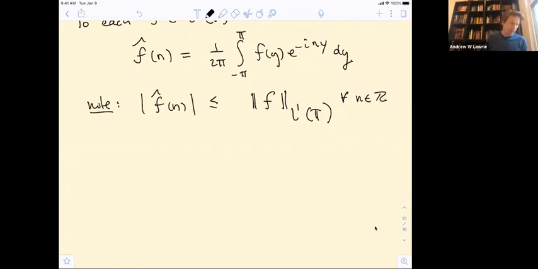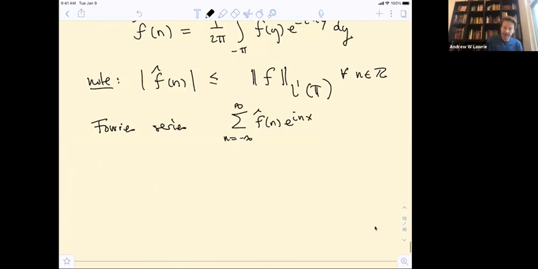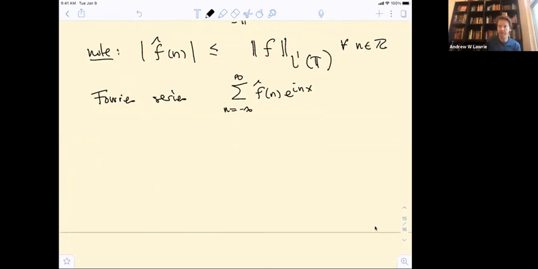So the Fourier series is, as usual, defined. And at the very beginning of class, we proved uniqueness of Fourier series. So if the Fourier coefficients for a function all vanished, then the function itself had to be equal to 0.